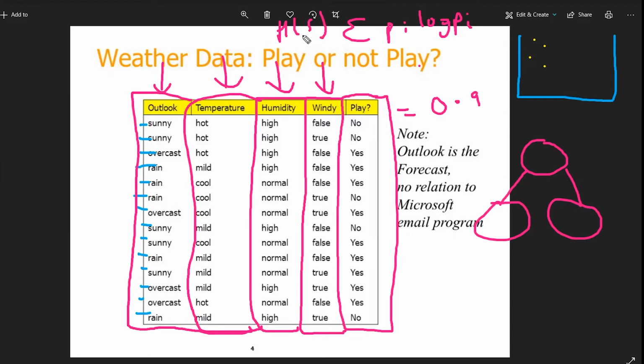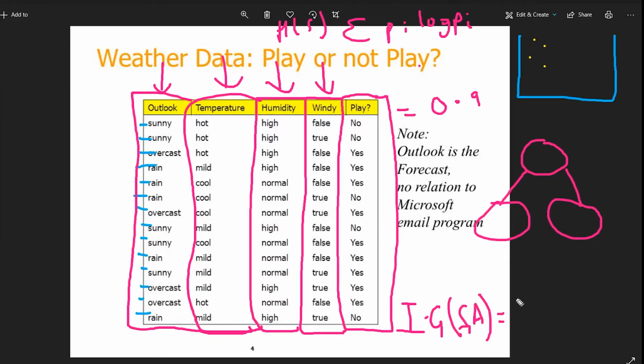Okay, so how are we going to find our information gain? For that we have a formula. The formula for information gain, IG of S and A. I will explain what S and A are.